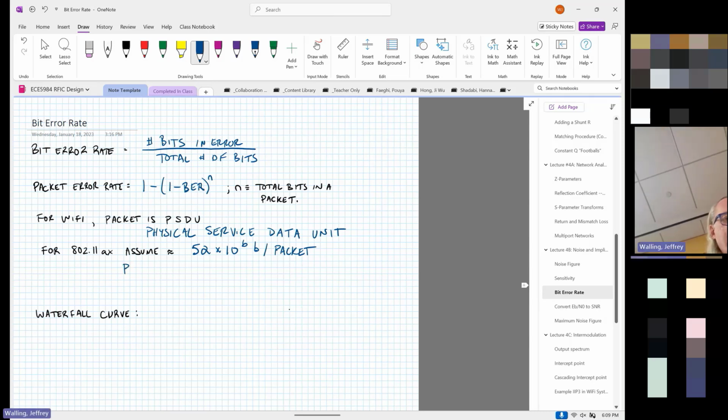And they specify in Wi-Fi the packet error rate, not the bit error rate. The packet error rate is specified as 0.1, 10%.